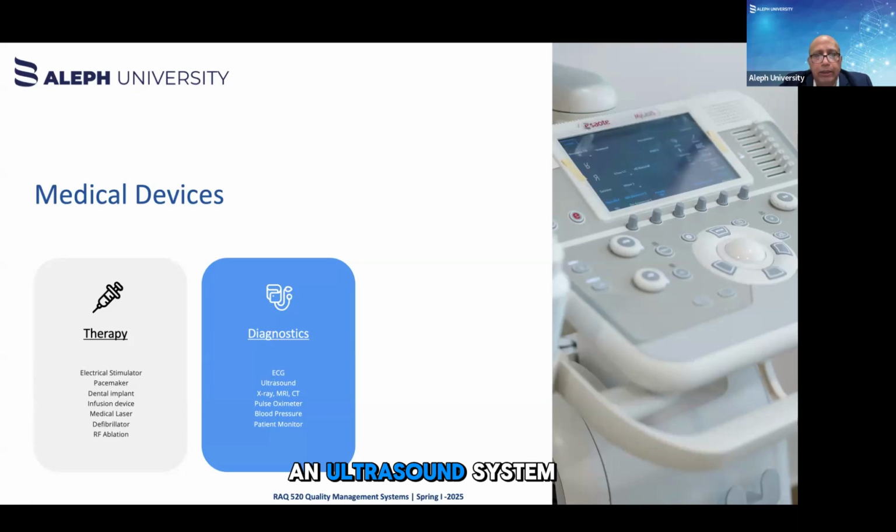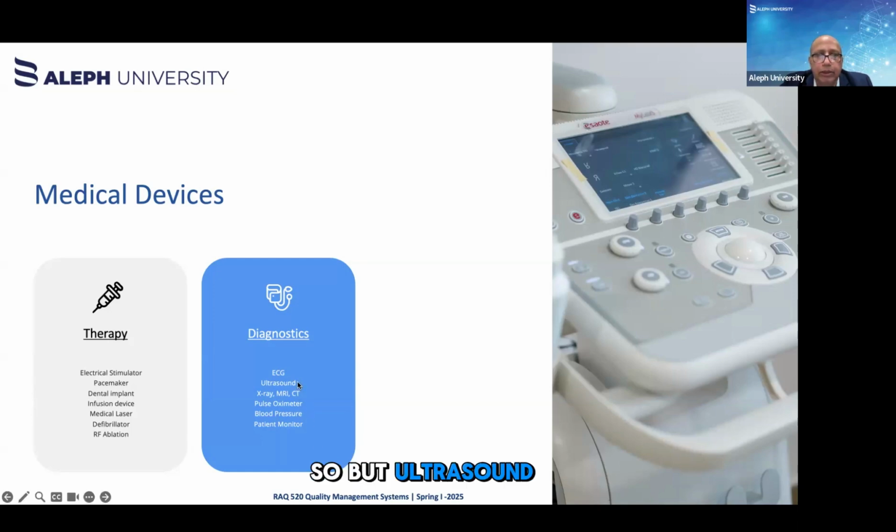An ultrasound system, for example, which is pictured here on the right-hand side, is a system that is used to diagnose, to see tissue and blood flow and functioning of the internal structures of the body, not only the heart. It could be kidney, arteries, any other type of structure inside the body, except bones, because the ultrasound doesn't go through bones.